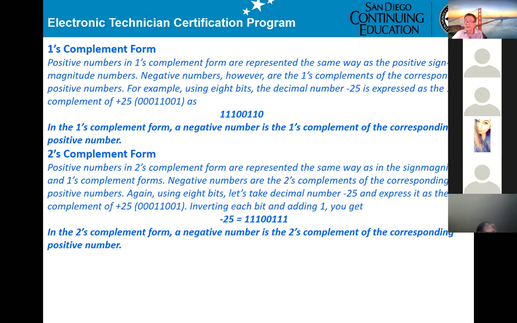Invert the 8 bits, then add 1. That's why you get 11100111. So, in order to find the negative of the number 25, the first bit must be 1 for negative, and the rest of the bits you must convert to the second complement: get the first complement, then add 1.